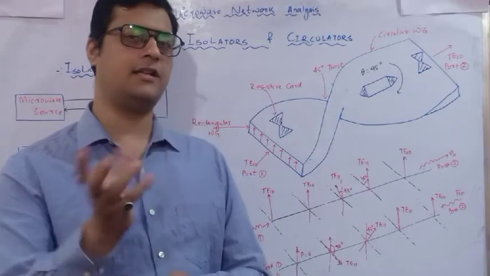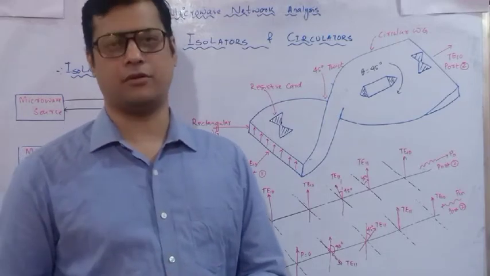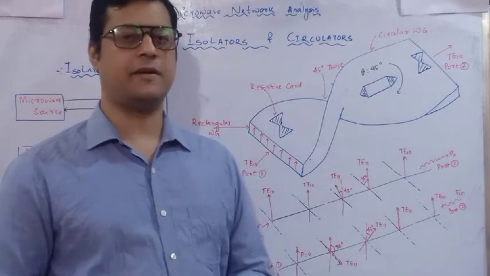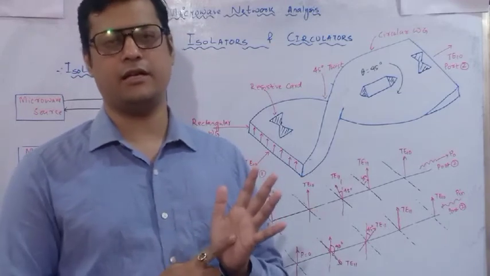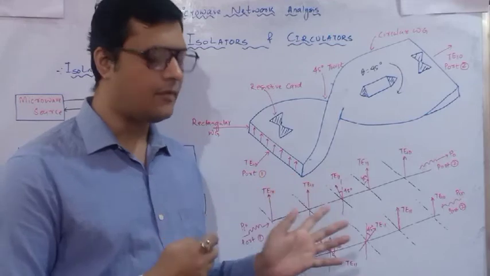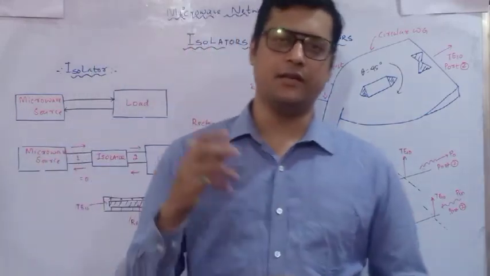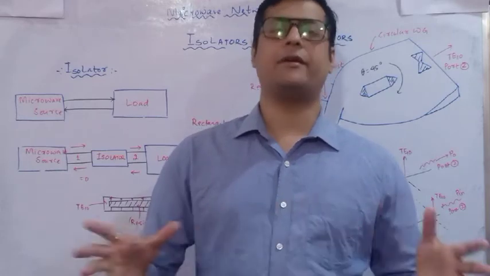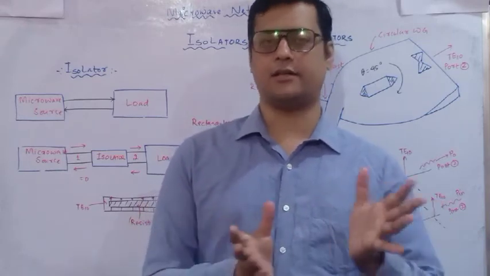Now you can change the feeding power to different ports, and accordingly you have to change this ratio with respect to coupling, directivity, and isolation. Now similarly, there are two more devices which are basically used to divide the power in a certain direction.